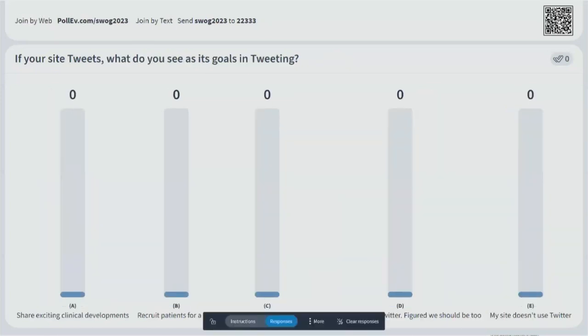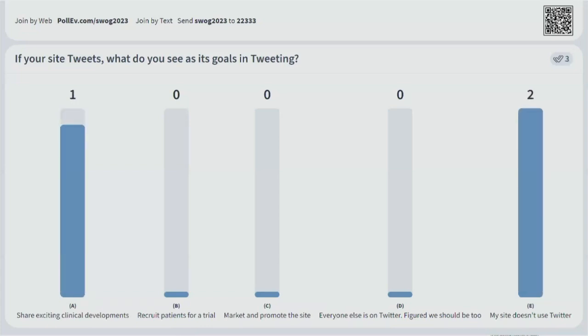So if your site does use Twitter, what do you see as its goals in tweeting? Like sharing exciting clinical developments is a big one.